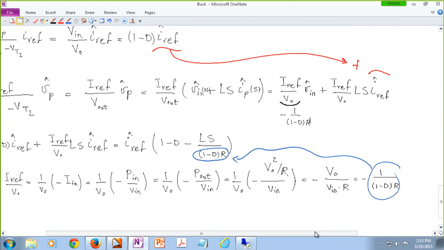Iref over V out is minus 1 over 1 minus D times R, and I have another Iref over V out, so I can actually replace it with that one as well.